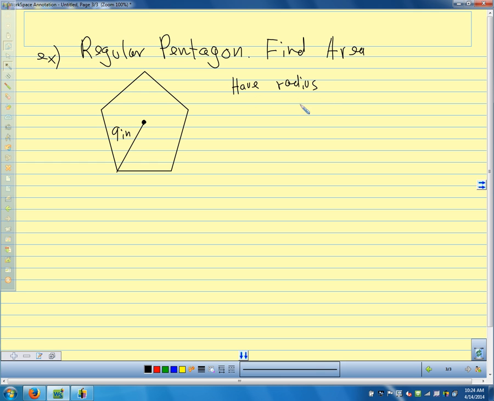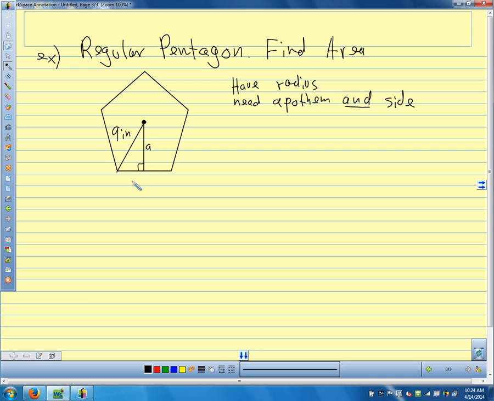We need the apothem and the side. So let's draw in our apothem. There's my apothem. So this is a 90-degree angle.